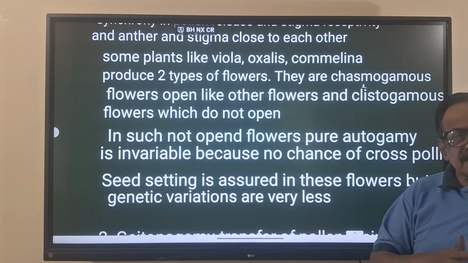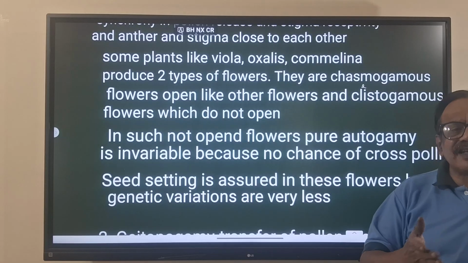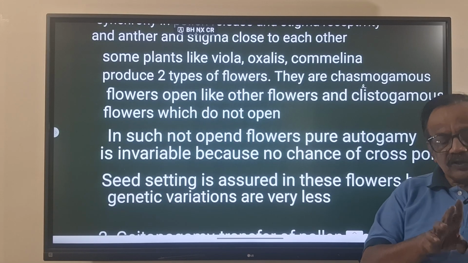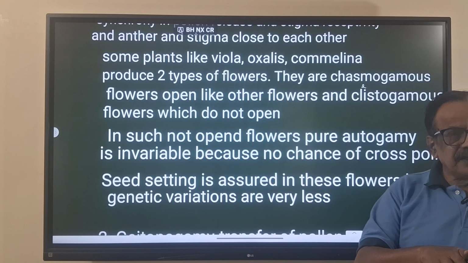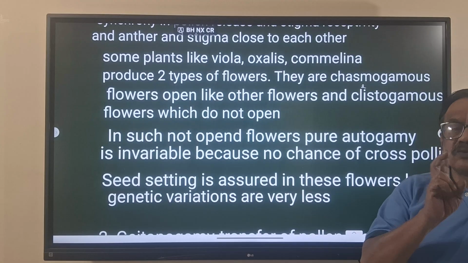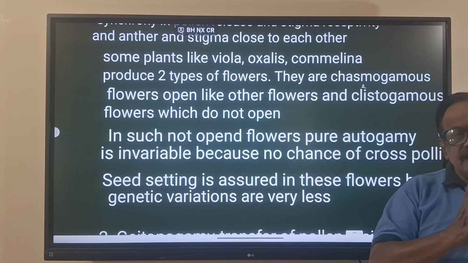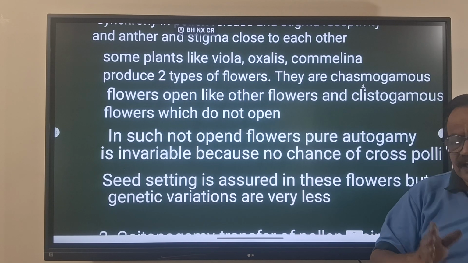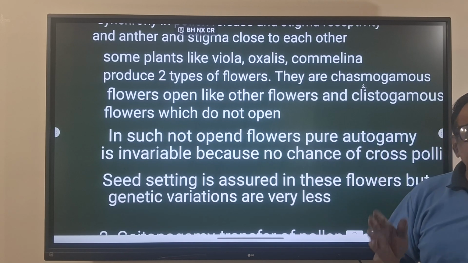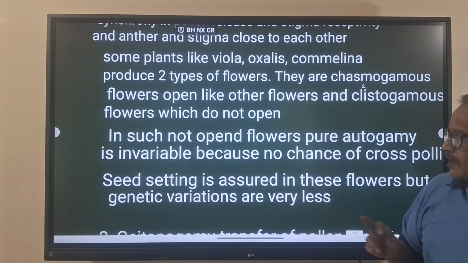So it must adjust with the pollen grain available inside the flower, and both are very near one to another. Two requirements are needed. One is that they must mature at a time, means pollen must be releasing; by that time, the stigma also must be ready to receive it.